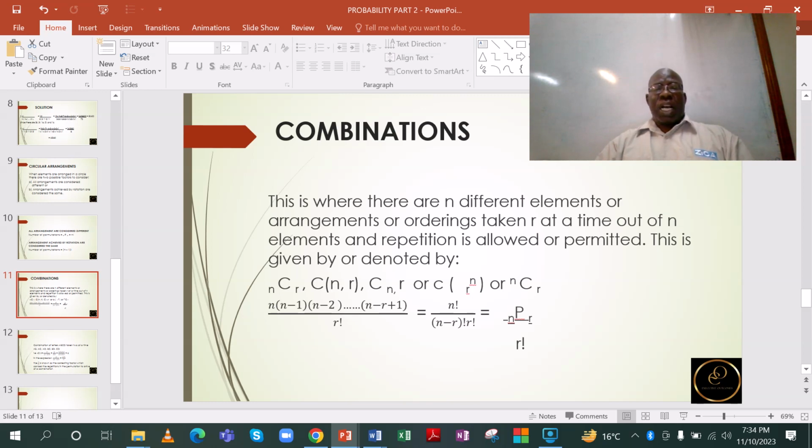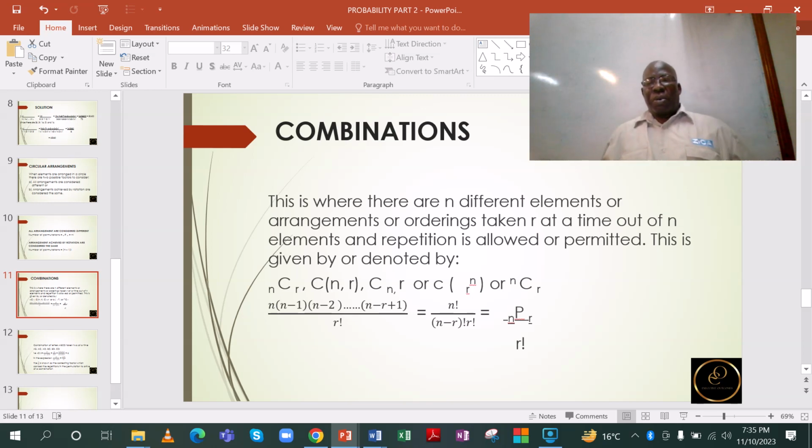Now for combination, this can be described as a situation where n different elements or arrangements or orderings are taken r at a time out of n elements, but in this case repetition is not allowed.